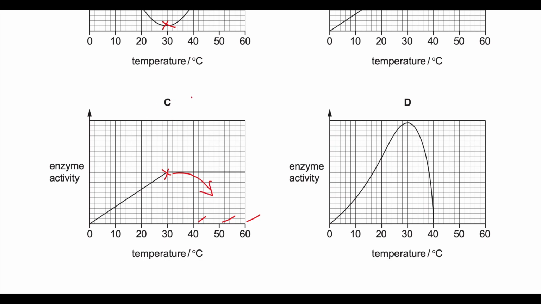So also this is wrong. Now moving to D. D is the right answer. Here, as we can see, the optimum temperature is 30, increasing the activity till 30 Celsius degrees, and when we increase the temperature more, the active site will change, denaturation, normal denaturation for any protein, so it will start decreasing. So the right answer here is D.